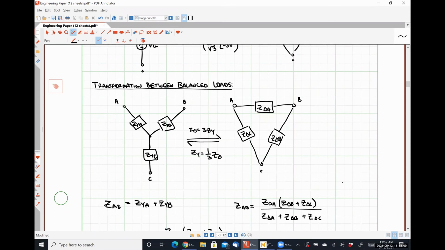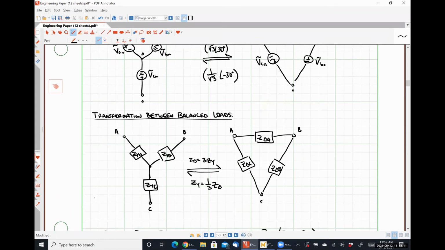Right. Here you have something that looks like, when we look through terminals A and B, two resistors in series. And when we look through terminals A and B here, we see a resistor in parallel with a series resistance.